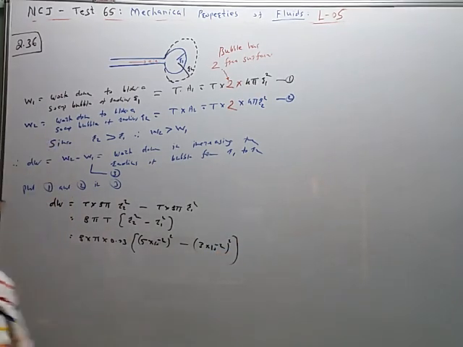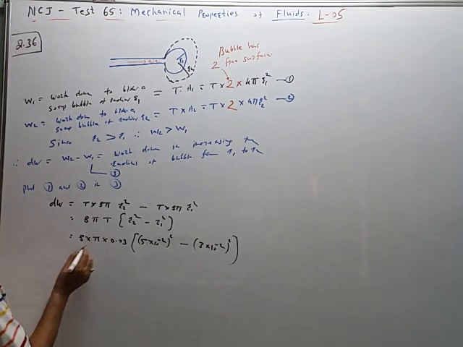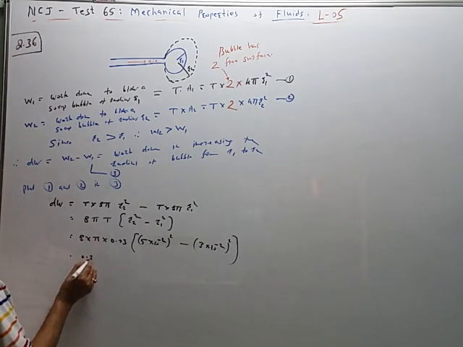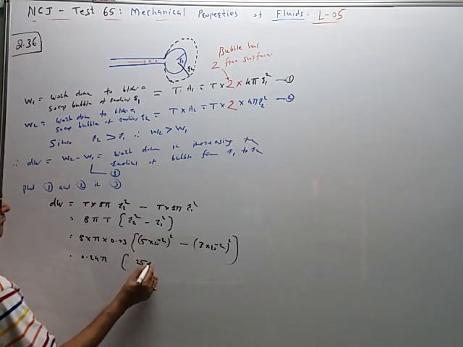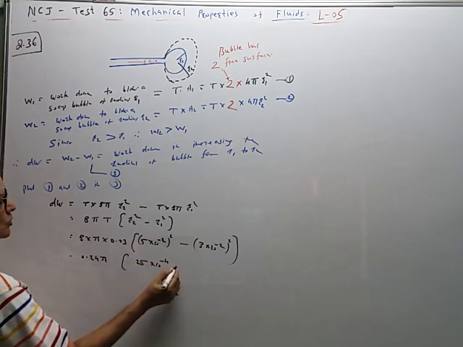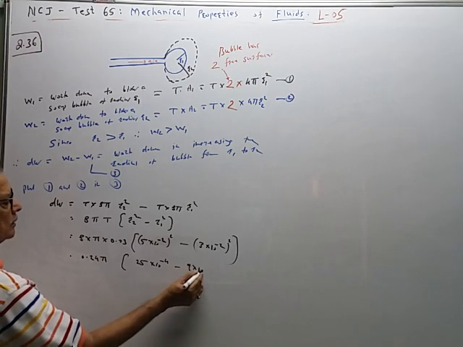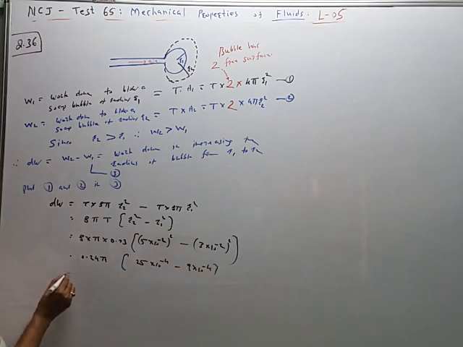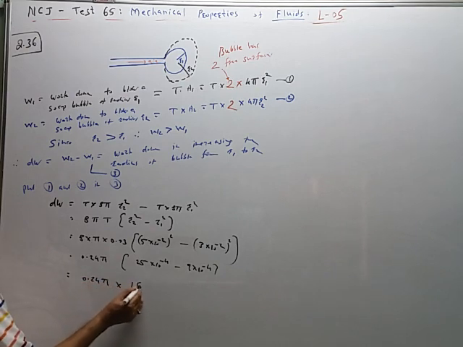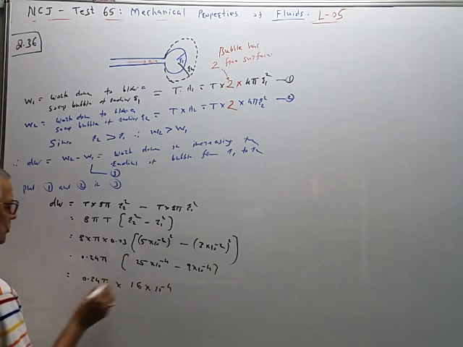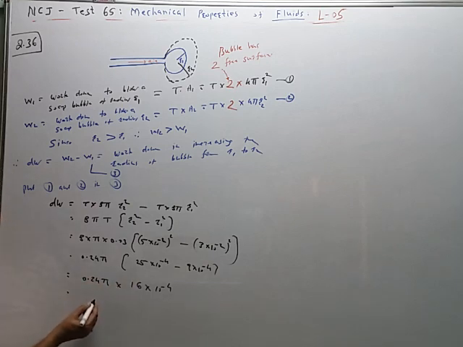5 centimeter and 3 centimeter. So this will become 0.24 pi into bracket 25 into 10 raised to minus 4 minus 9 into 10 raised to minus 4. So 0.24 pi multiplied by 16, 10 raised to minus 4 common. So this will multiply by 16.